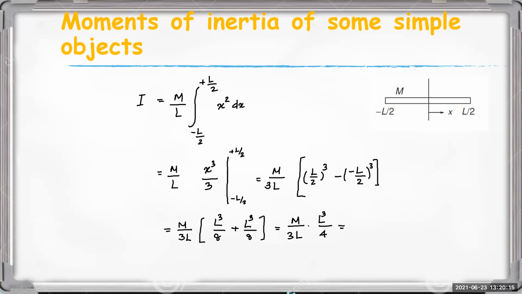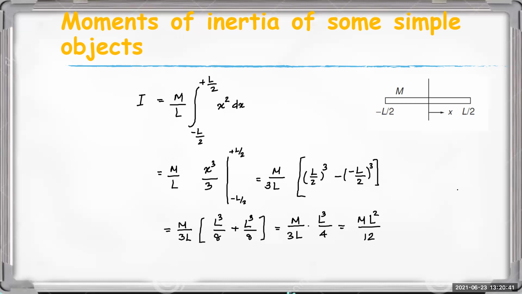Then one power of L cancels, so it is equal to m L square divided by 12. This is the moment of inertia of the stick around an axis passing through its midpoint perpendicular to its length.